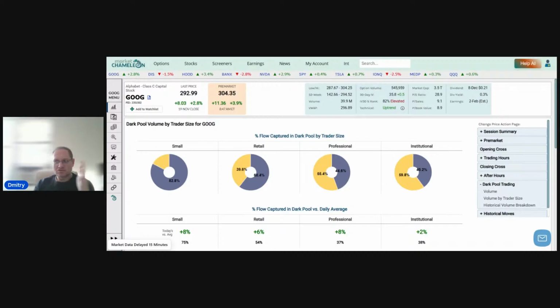So understanding how the dark pools versus lit exchanges work is key to understanding what is going on between the volume on the lit exchanges and dark pools.